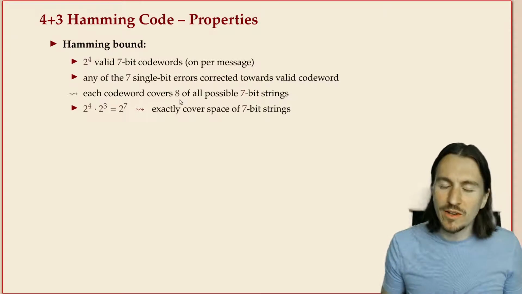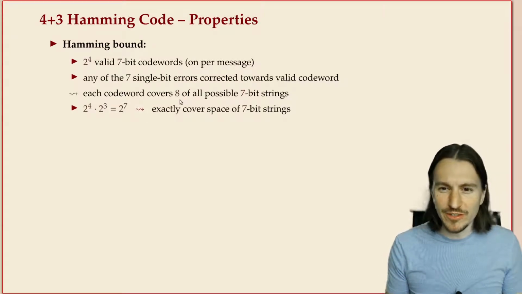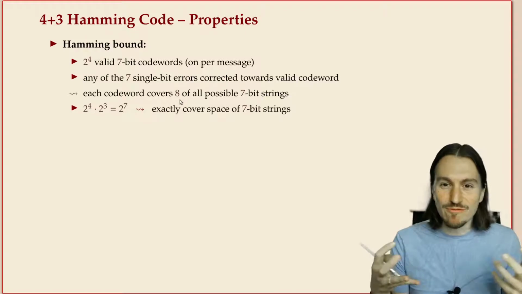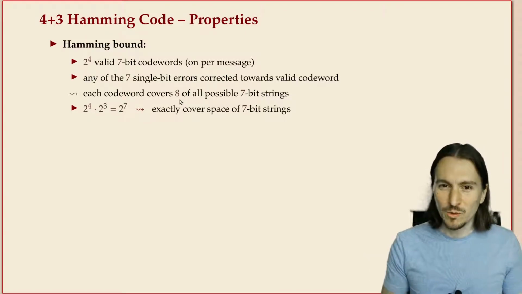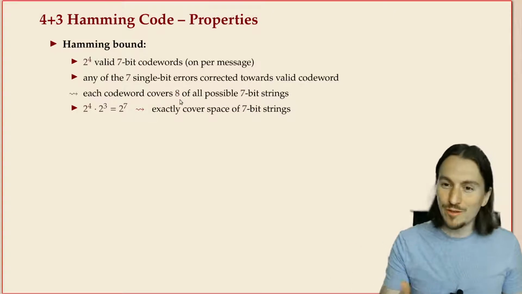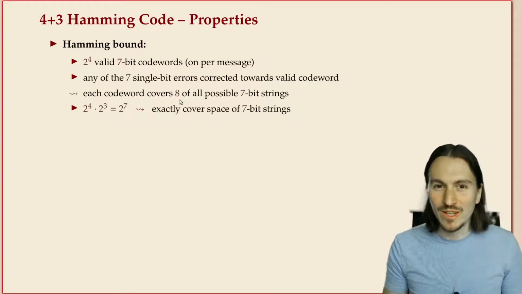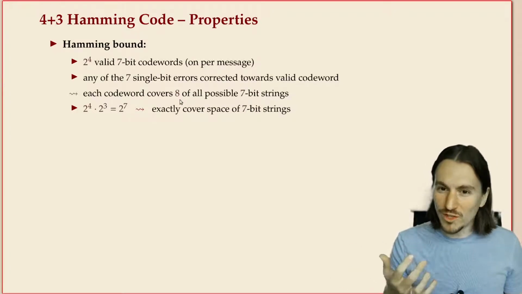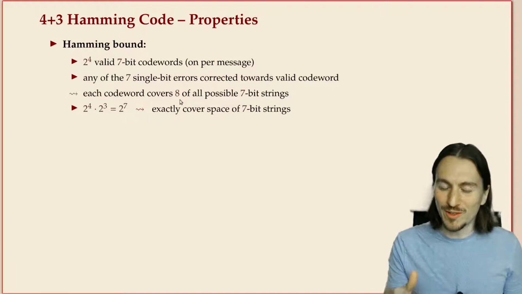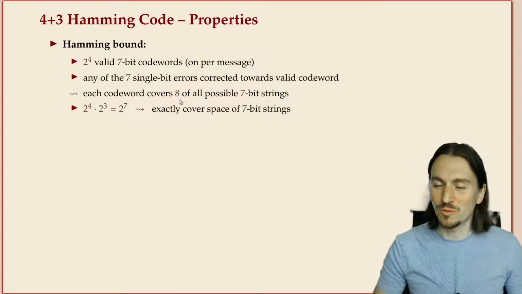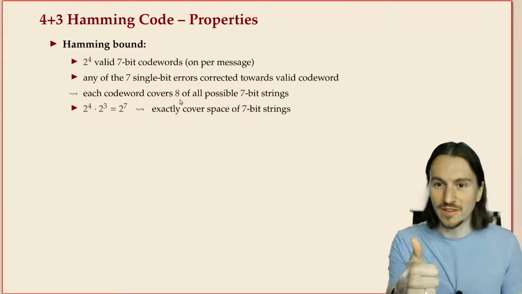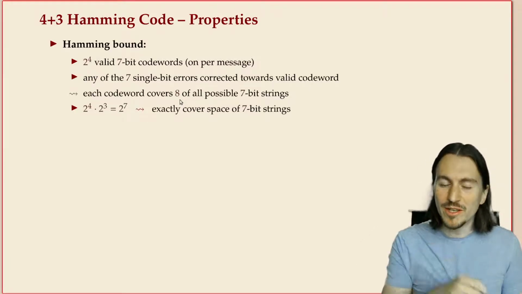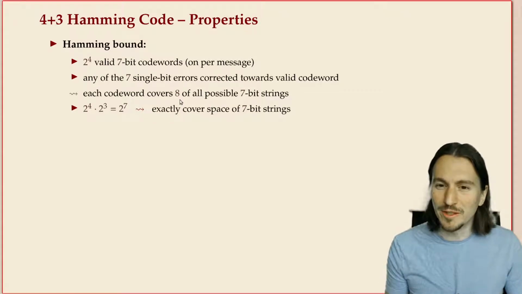What that means for a single code word is that it is reached by 8 different 7-bit strings. When I receive 7 arbitrary bits, there are always 8 combinations of 7-bit strings that map to each code word: namely 1 where the code word itself is sent, and 7 combinations of changing a single bit.